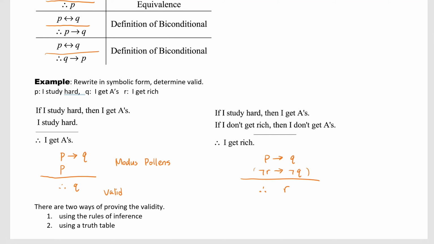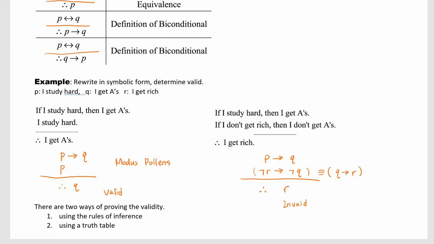So this is equivalent to the contrapositive, which is Q implies R, right? So we have P implies Q, Q implies R, therefore R. I would say this is invalid, because we don't know whether P is true or Q is true, so we cannot imply R.